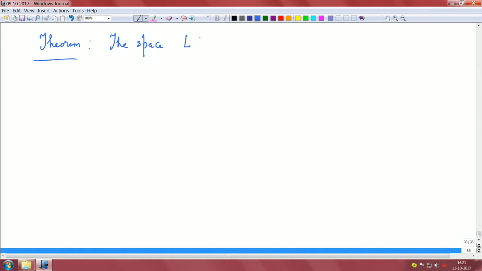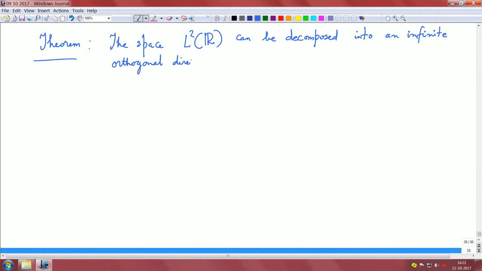The space L2R can be decomposed into an infinite orthogonal direct sum space.